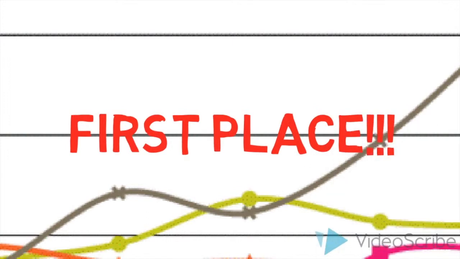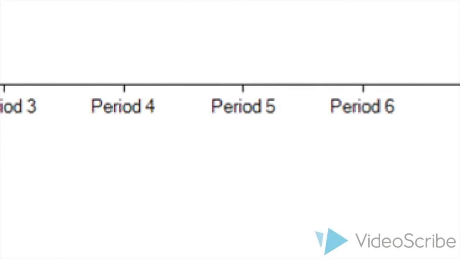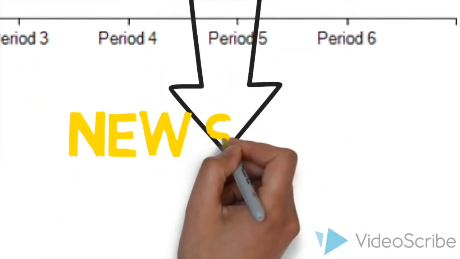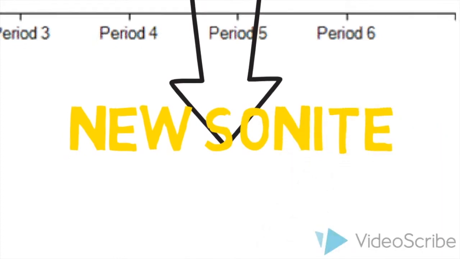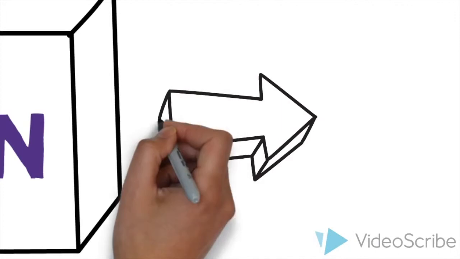That means that we were following a good strategy. On the other part, we decided to create a new Sonite project. The name of this new Sonite project was Run, and it was focused on cyber consumers.